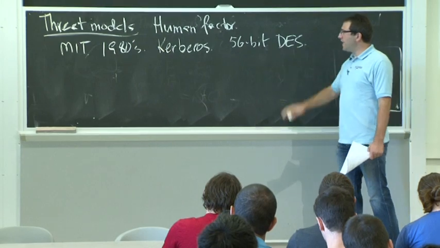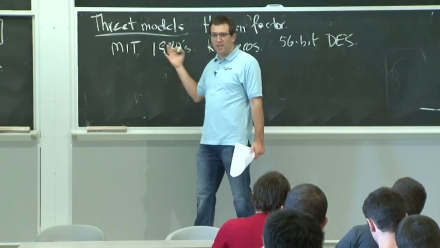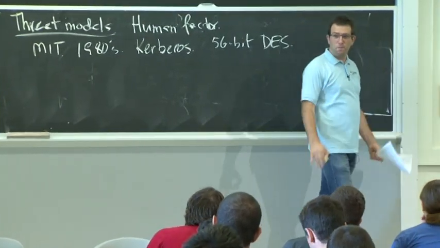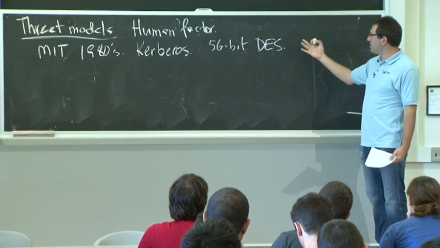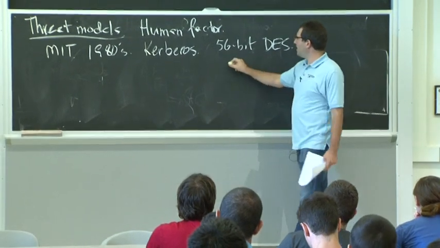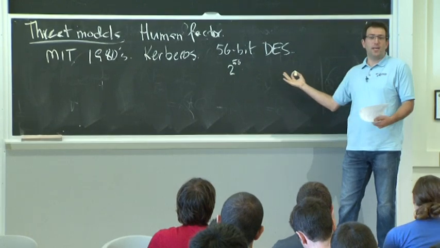And this was in the mid-80s. But then the system got popular, got used a lot. MIT still uses it, and they never really went back to seriously revisit this assumption. And then a couple of years ago, a group of 6.858 students figured out that you can just break this. It's easy enough to enumerate all the 2^56 keys these days. Computers are so fast, you can just do it.